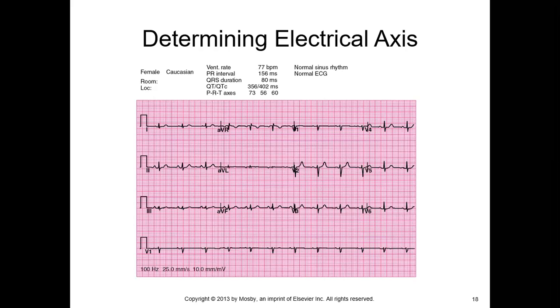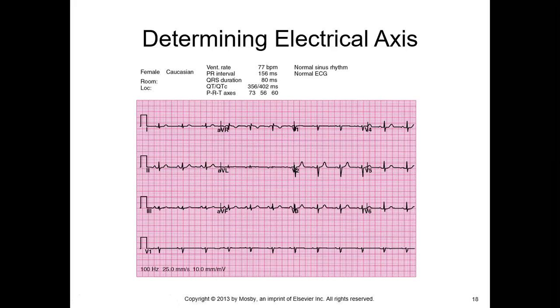Lead aVL shows a QRS complex that most closely reflects our criteria. So when you look at them, they look normal. They all look good, right? And that's the aVL.